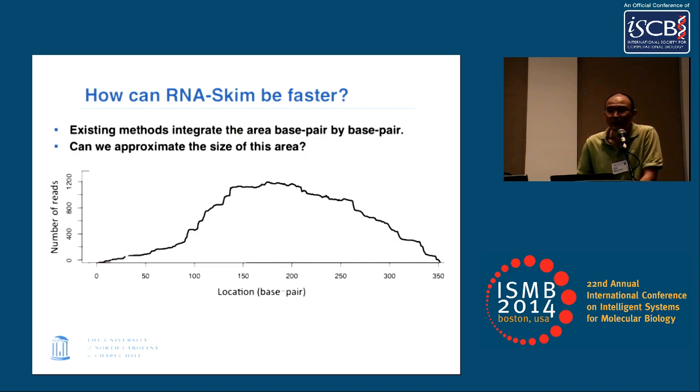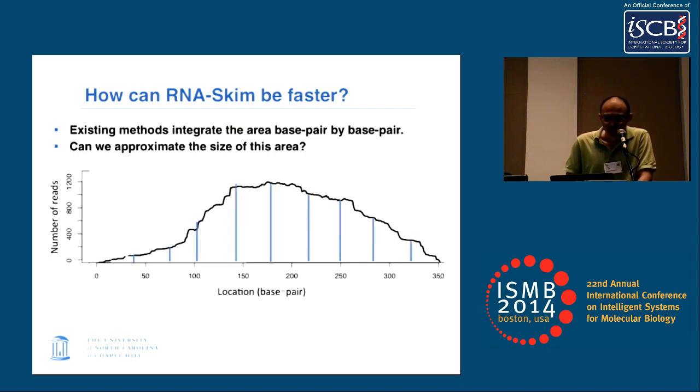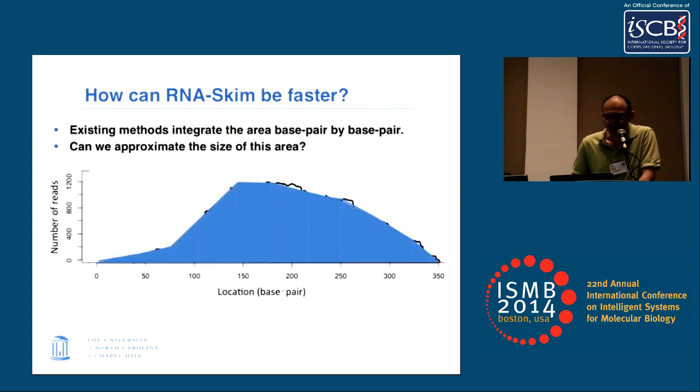From some basic concepts in numerical computing, we know that we can just sample a subset of base locations and use their heights to get another line which approximates this black line, and then we can use this blue area to approximate the area under the black curve.